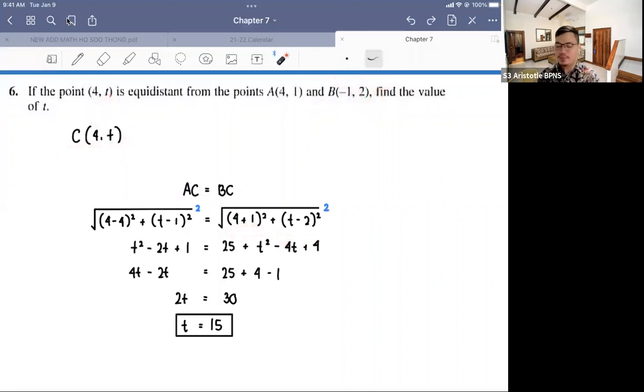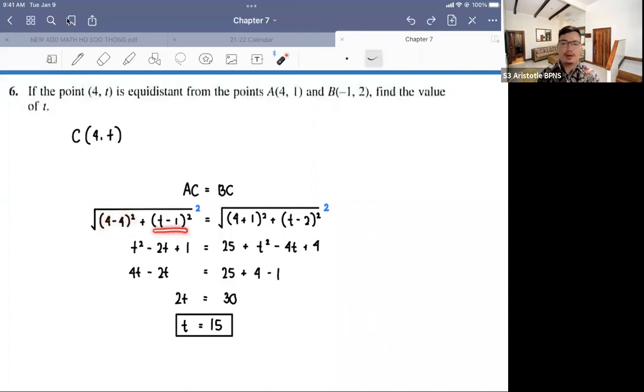So this is basically the equation that you want to have in order for you to solve for the value of t. Any question? Okay, none, right? So the blue marker here, which is square, is what you need to do next. You need to square both sides to cancel the root or the surds here. And 4 minus 4 is 0, so this is gone.